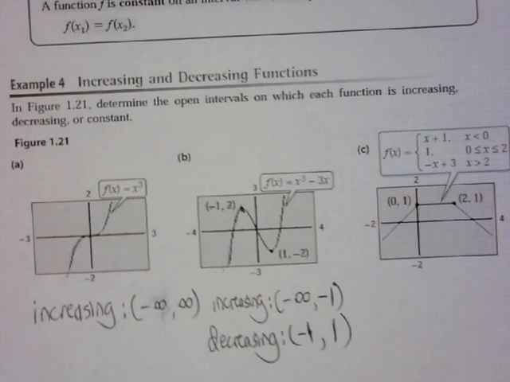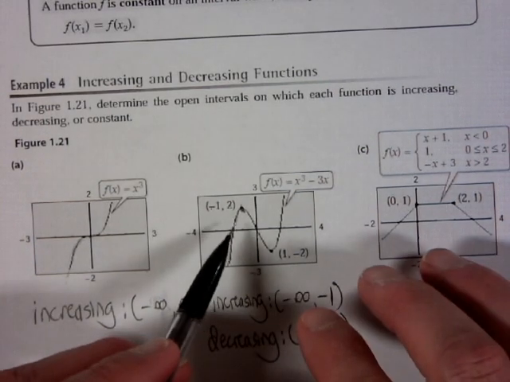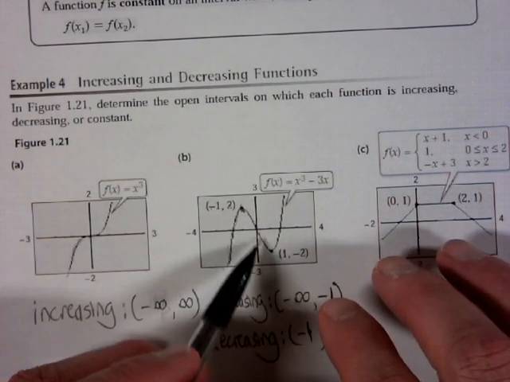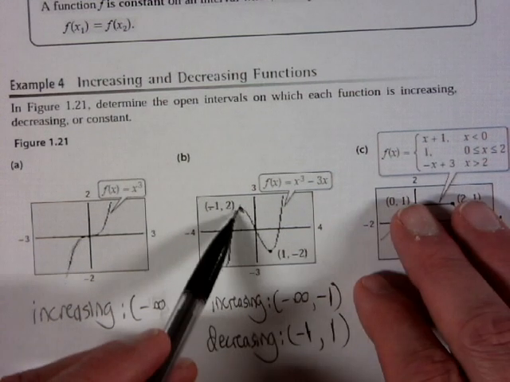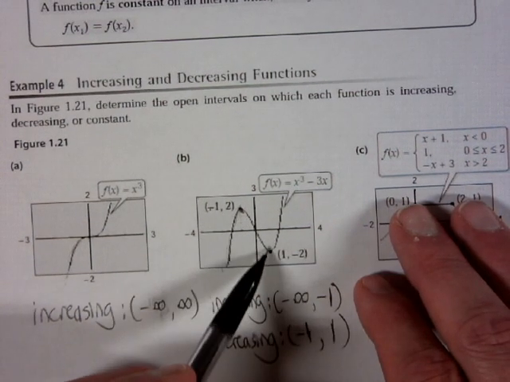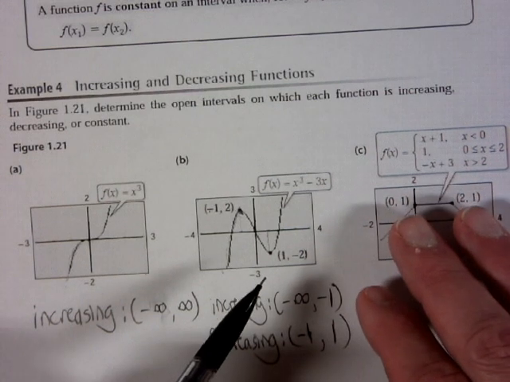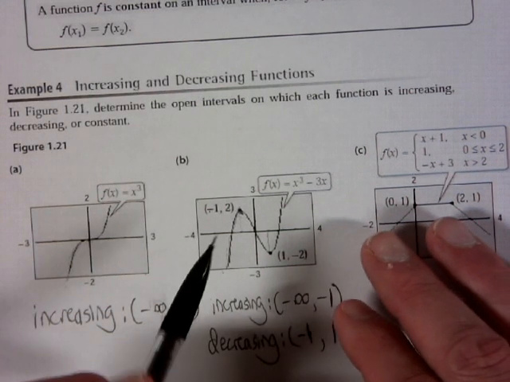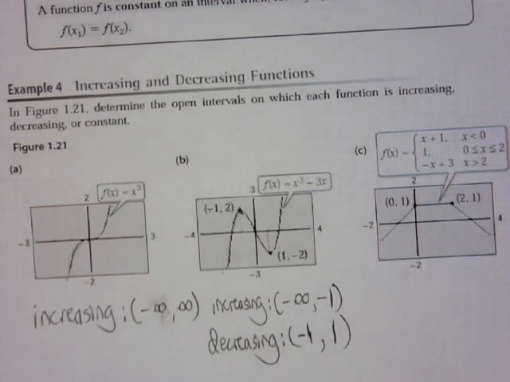Now, remember, when you're writing out the values where the function begins to increase or decrease, make sure that you're writing out the x values of those points, not the y values. It's the x values that you write out the intervals for increasing and decreasing. So keep that in mind.